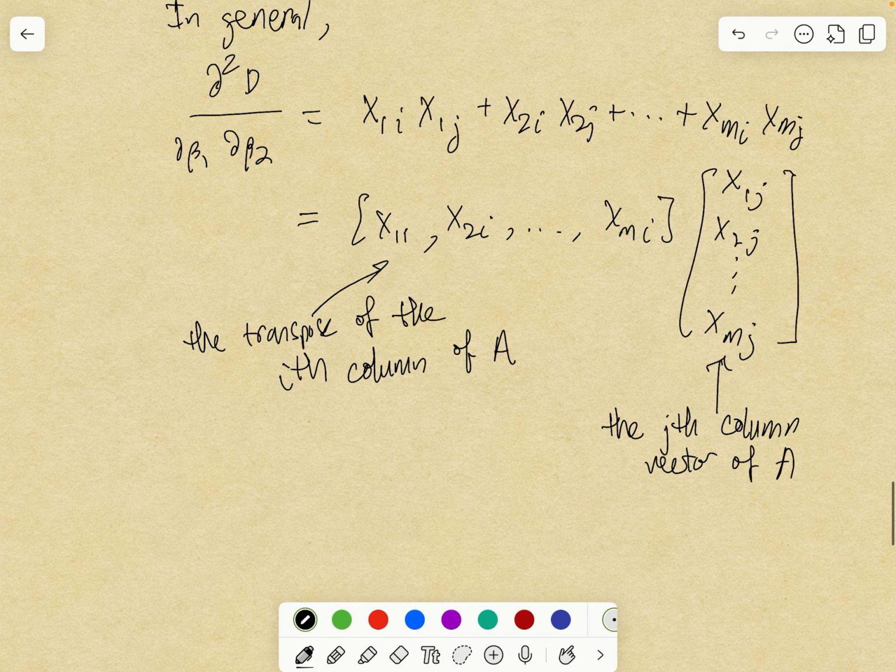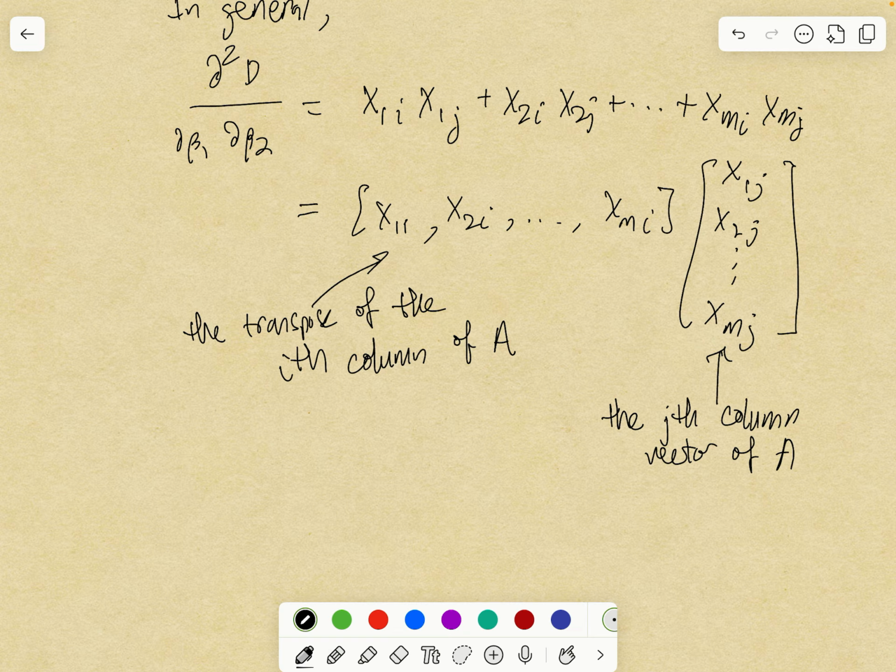Right? So I have a matrix whose ij entry is this.